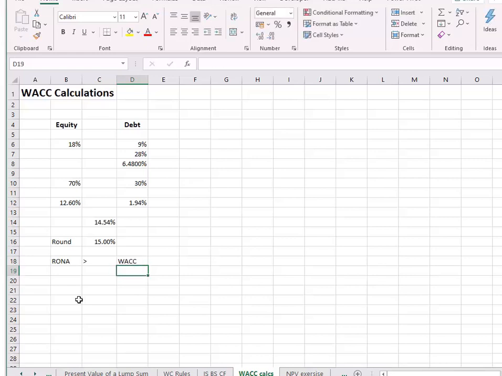So we know that we need to generate returns that are higher than 15% in order for us to generate value for the business. We also did some calculations called return on equity. Here we learned that the return on equity must be higher than 18% because that's a historical expectation that shareholders have had in the business.